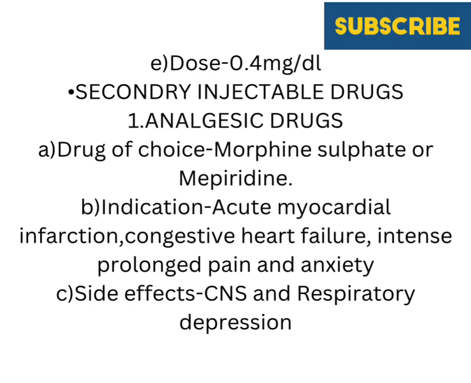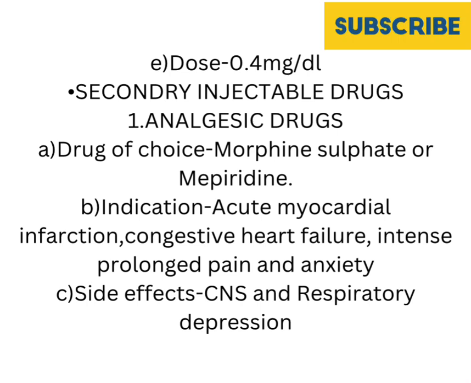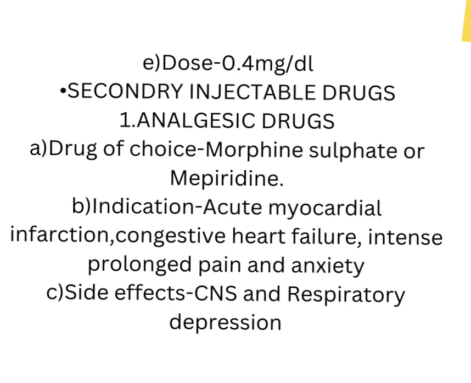Secondary injectable drugs. 1. Analgesic drugs. A. Drug of choice: morphine sulfate or meperidine. B. Indication: acute myocardial infarction, congestive heart failure, intense prolonged pain and anxiety. C. Side effects: CNS and respiratory depression.